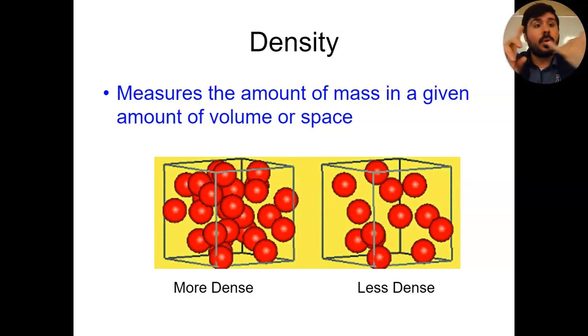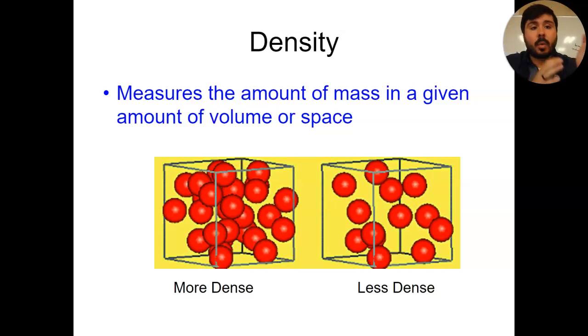Although they have the same volume, the contents packed inside of that space are very, very different. Each one of those red spheres represents an amount of mass inside that particular cube.